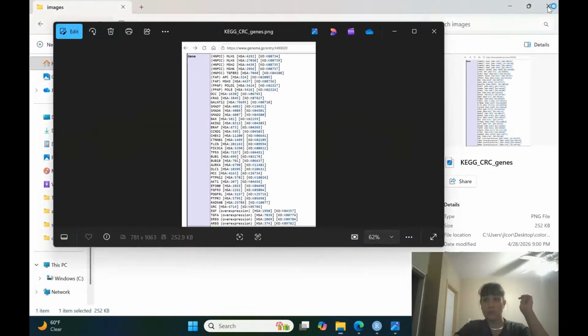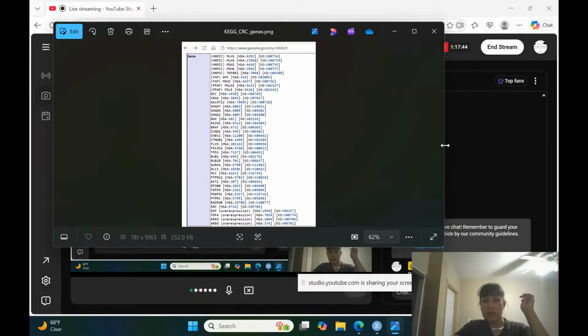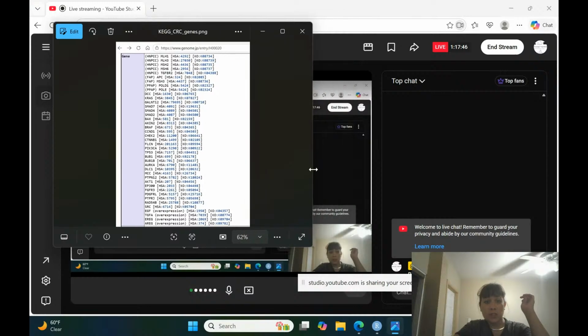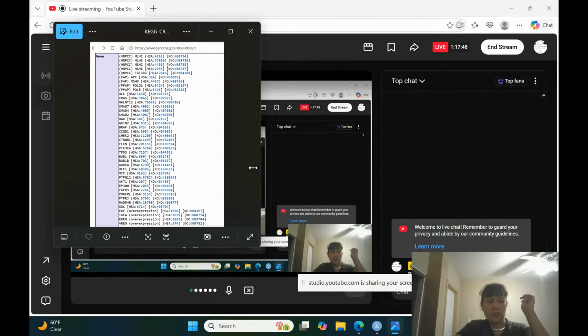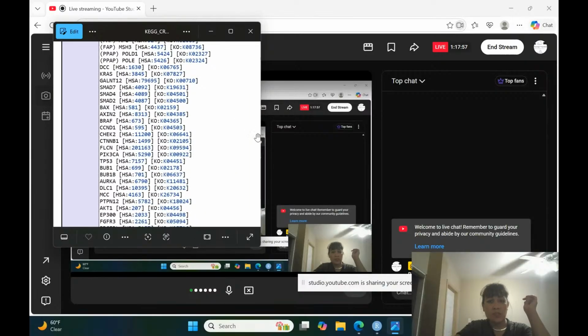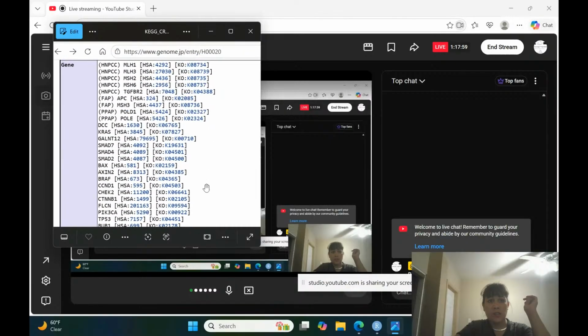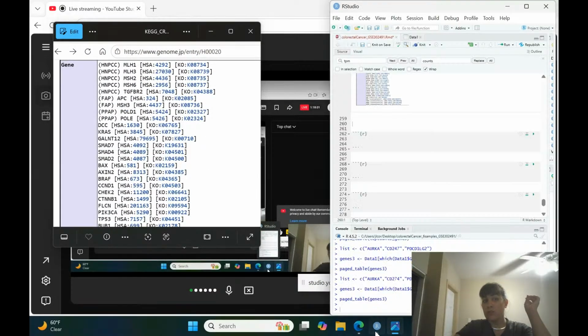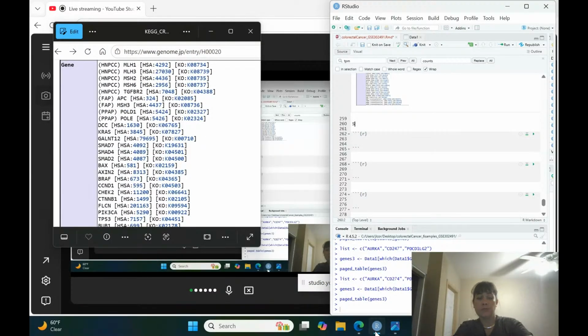We can close this folder and enlarge it. Well, look at these genes.